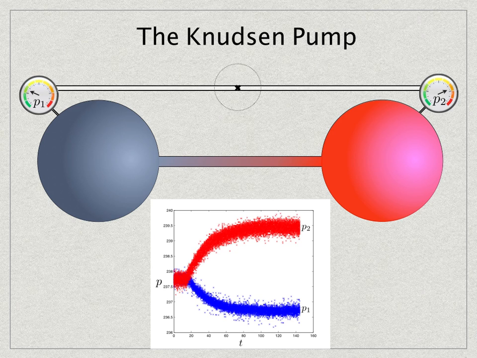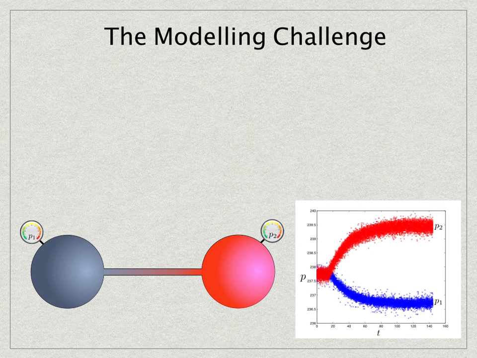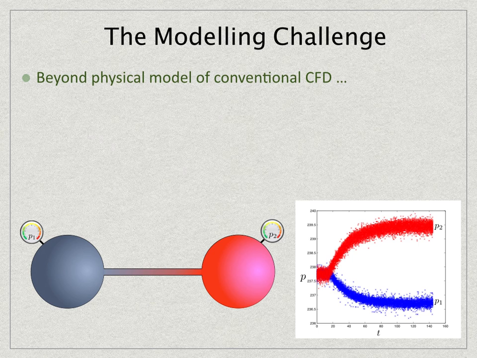Now, what we would like to be able to do is simulate that sort of flow problem. And why is that a challenge? Why is that not a trivial task? Well, first of all, the channel width, the channel radius, is too small for conventional CFD to be accurate.